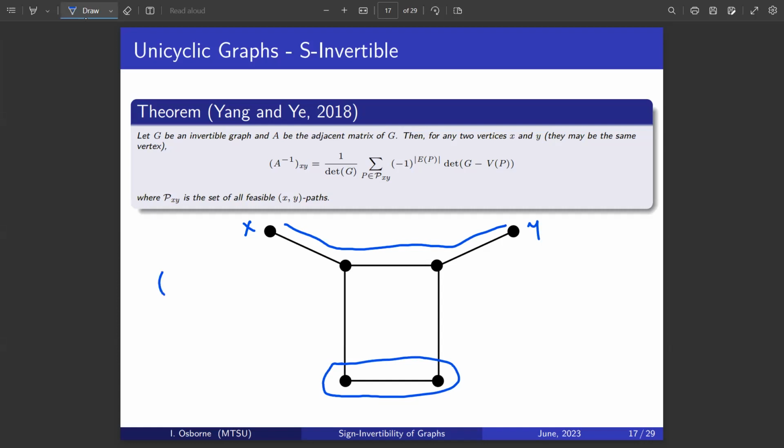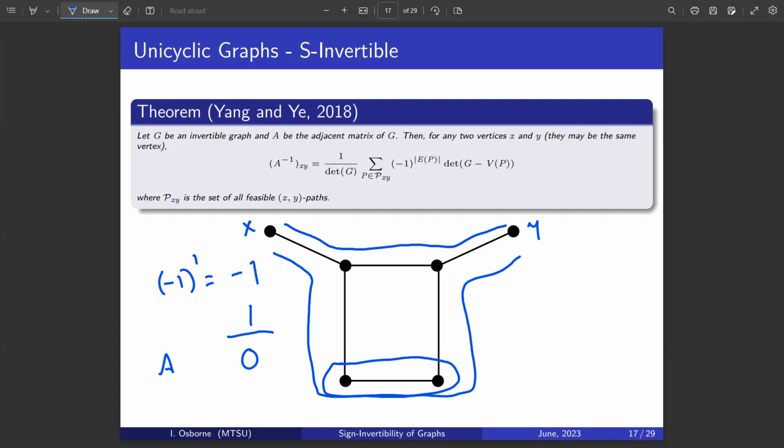So that is -1 to the 1. So the value of this one's determinant is 1. If we come down this way, then we're taking all the vertices in the graph again. The value of that determinant is going to be 1. So when we add those together, we get this one is equal to 0 for our A negative.